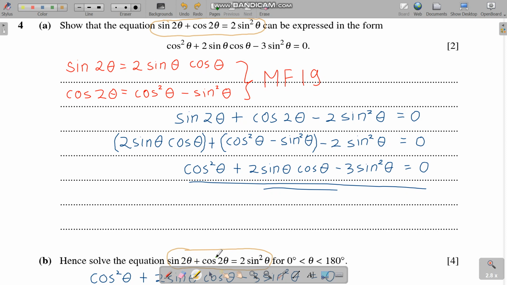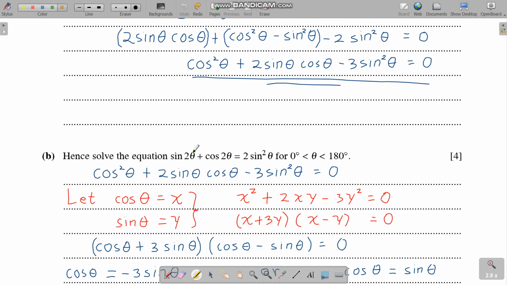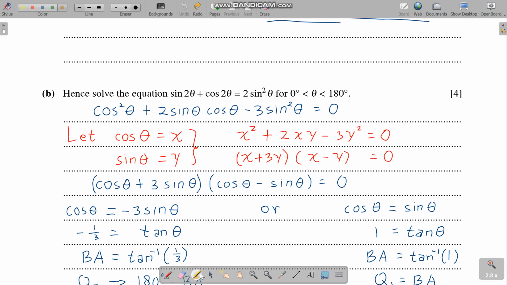In this case it's exactly the same, which means we can replace the equation here with what we have proven in the first part. So now we focus on solving this equation.